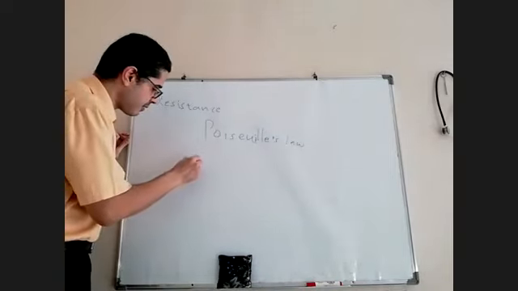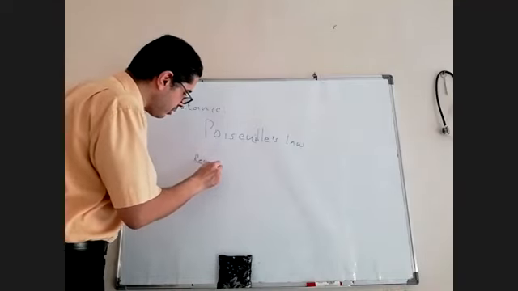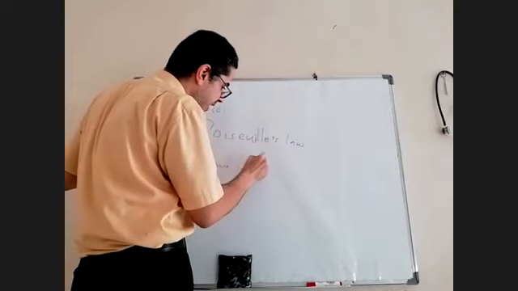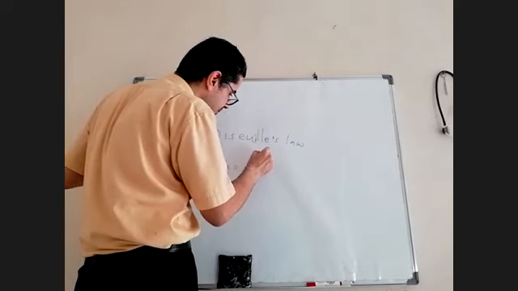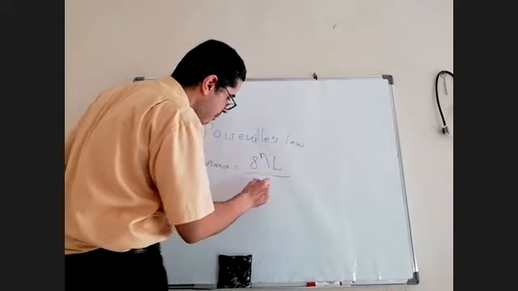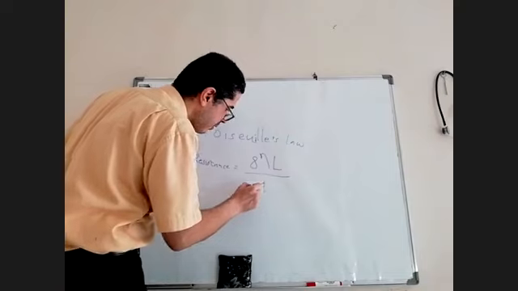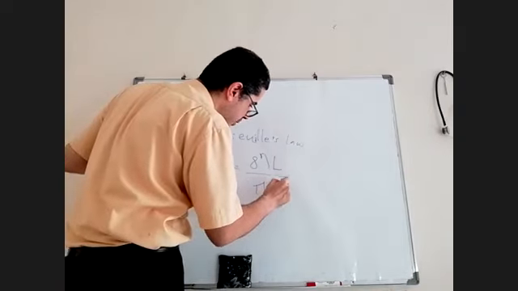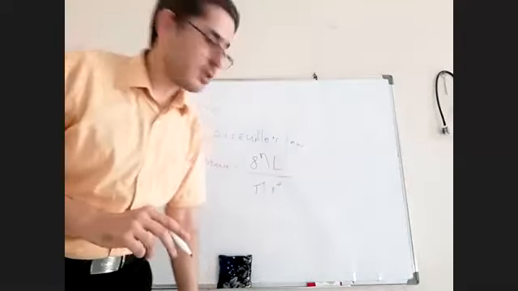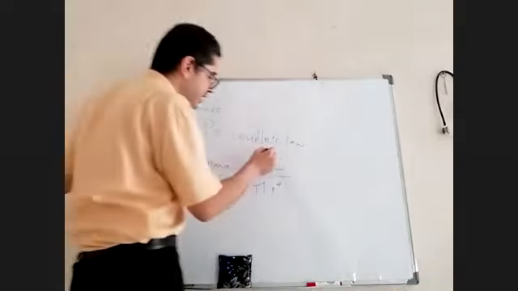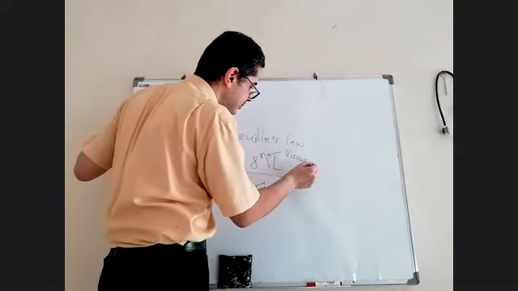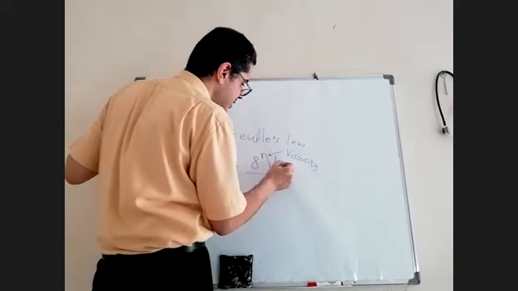Resistance according to Poiseuille's law equals 8 eta L over pi R to the power 4. So this eta is viscosity and L is the length.